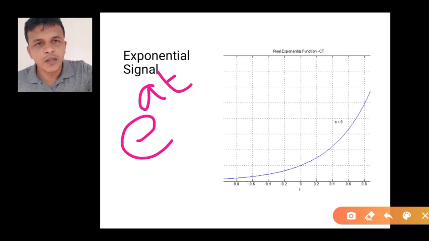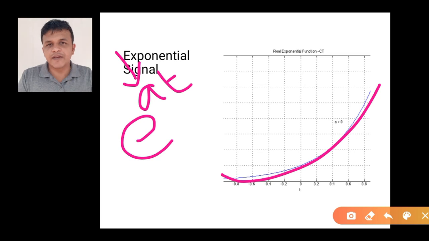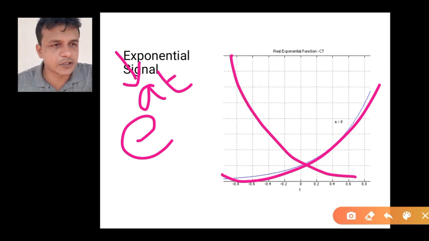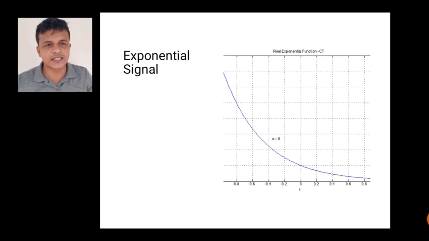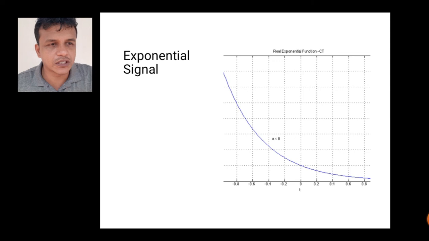Okay, again this part of the equation, this a, is very important. If a is greater than 0 or positive, then the signal we obtain is a growing exponential signal. If a is negative, that is less than 0, we will be obtaining a decaying exponential signal, which is shown in the next slide. So here a is less than 0 and we are getting a decaying exponential signal.